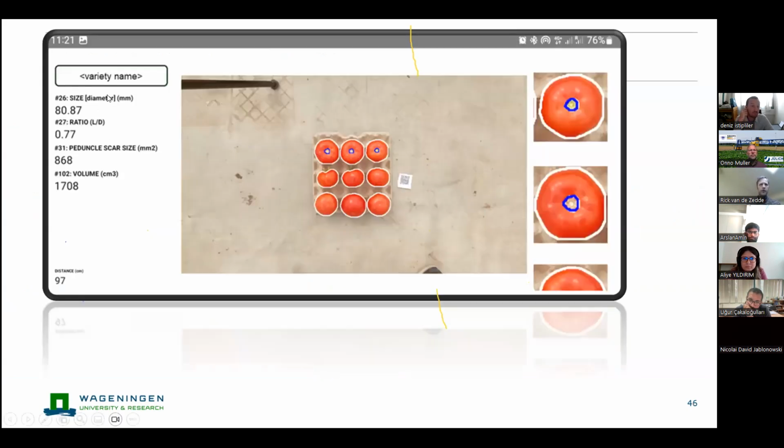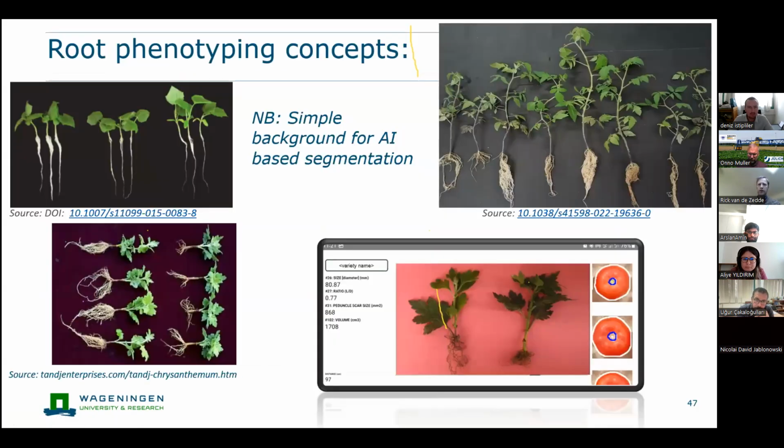So it's an app developed for variety testing of tomatoes in this case, and it just generates numbers. So you take a picture, generate numbers, maybe there's a QR code in the scene to list which metadata is relevant for these batches. And exactly this is now done on root phenotyping, but as you can't see the roots, you need to somehow take these plants out of the soil, put them isolated on, for instance, a black background.